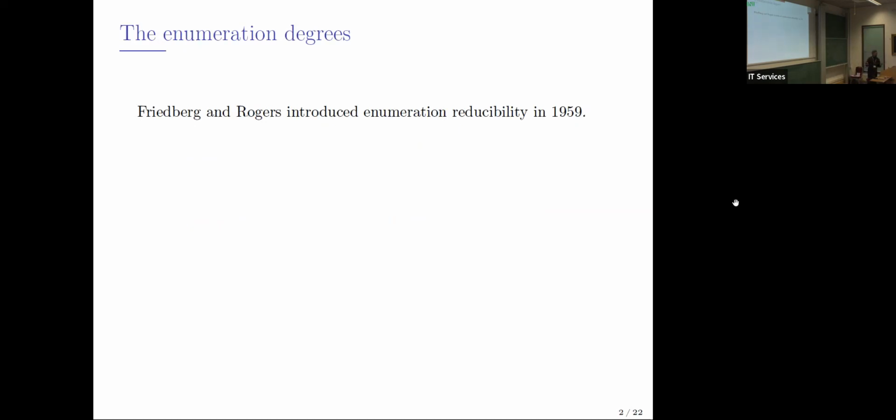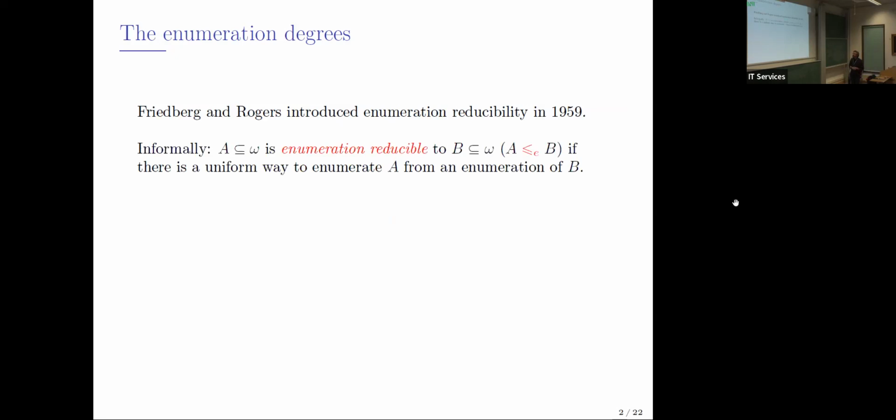You are all, I hope, familiar with Turing reducibility. Friedberg and Rogers introduced enumeration reducibility in 1959. And informally, a set A is enumeration reducible to a set B if there's a uniform way to enumerate A from an enumeration of B. There's a uniform procedure that, given an enumeration of B, a listing of B in any order, produces an enumeration of A. I'll say something about this later.